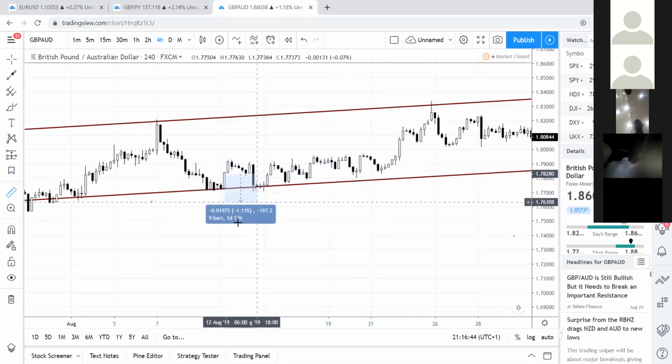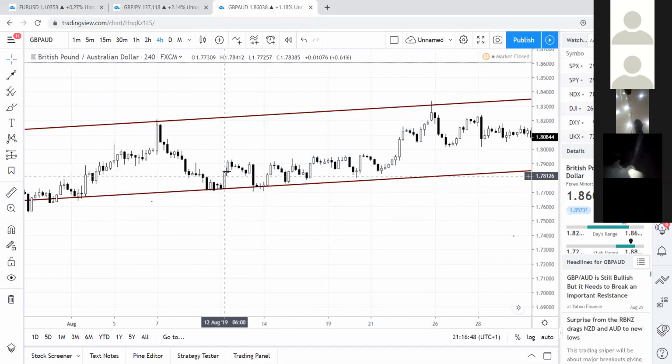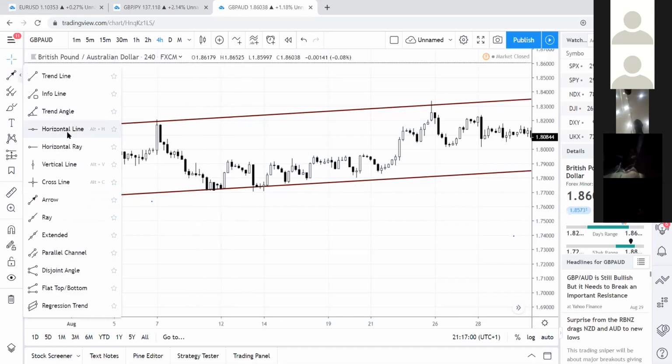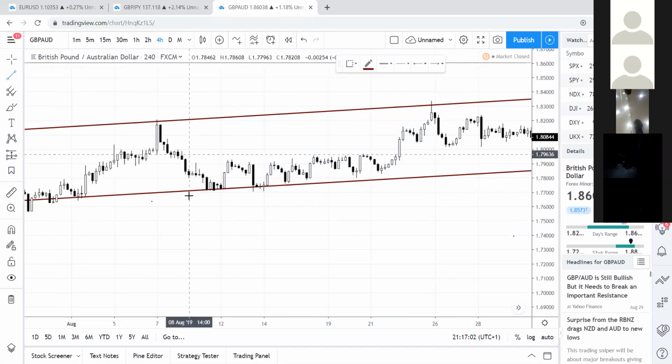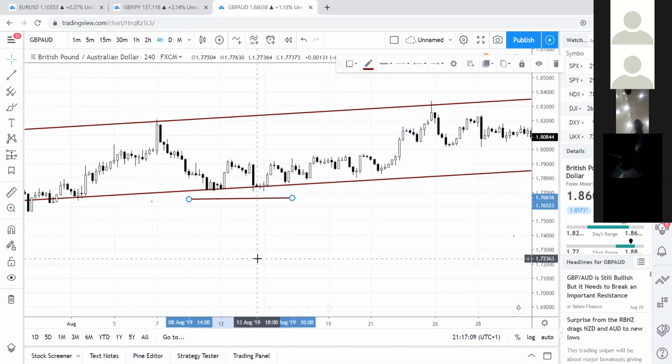So if you understand this yourself and you bought from here after seeing this engulfing candle, you know for yourself that you need to move your stop loss below the zone. You won't have to ask anybody where your stop loss should be. Your stop loss should be somewhere here, because if a candle breaks this stop loss, it has likely changed direction.